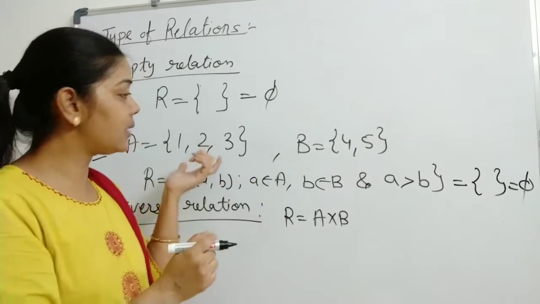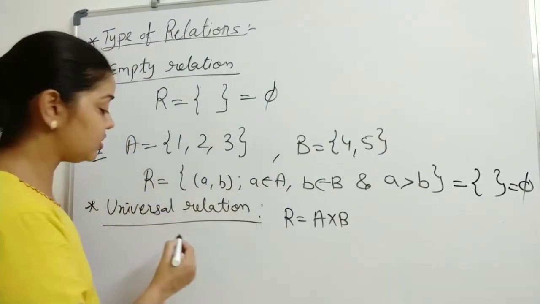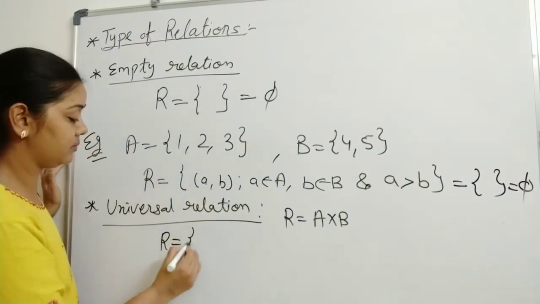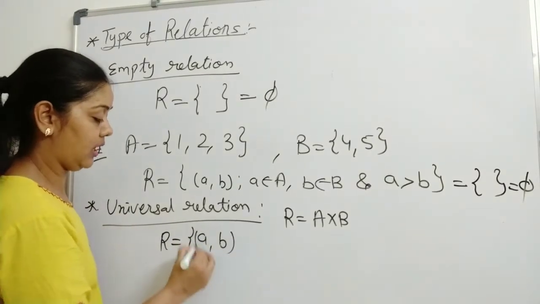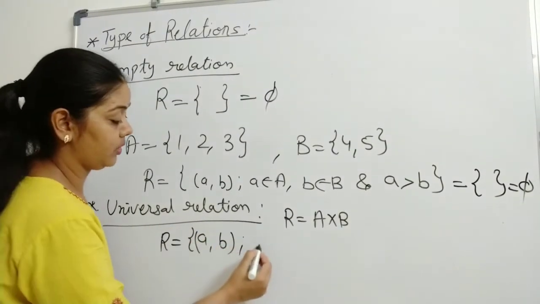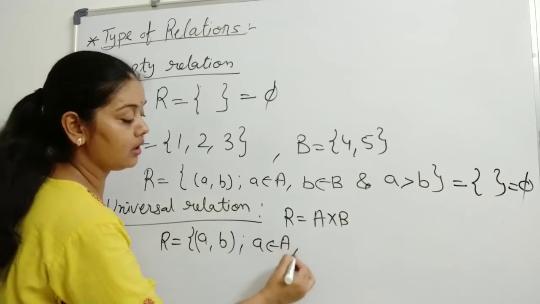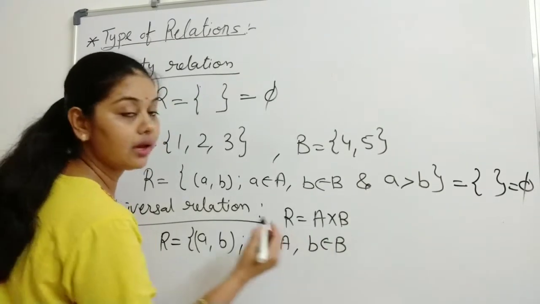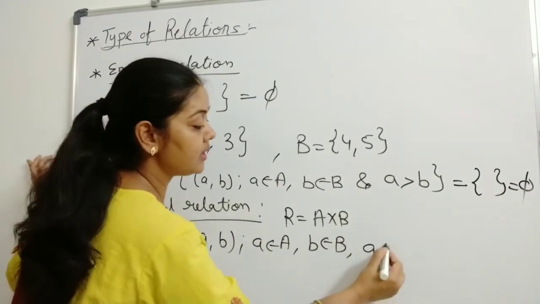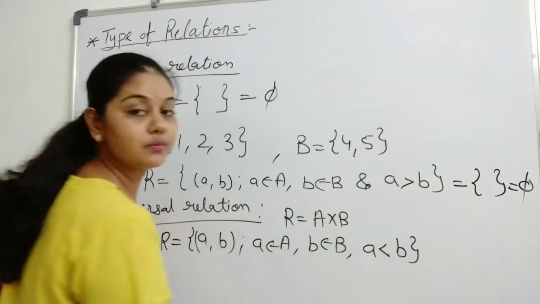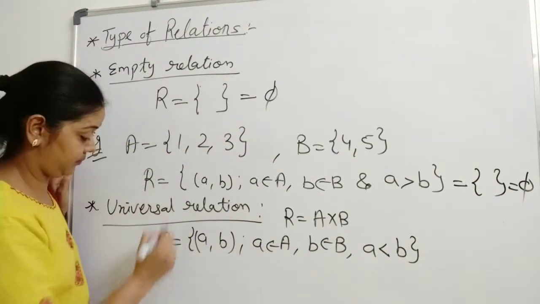Suppose in the same question, my relation is defined as the ordered pair (a, b), a belongs to A, b belongs to B, and a is less than b. Then what will happen?